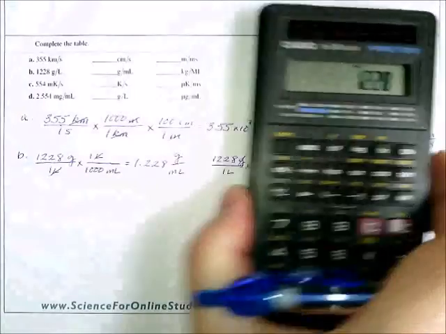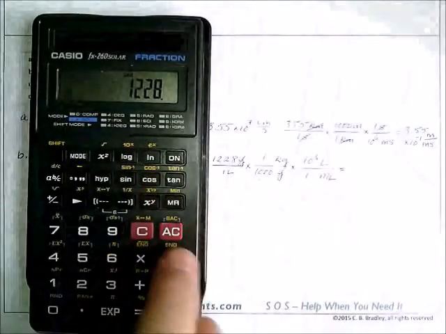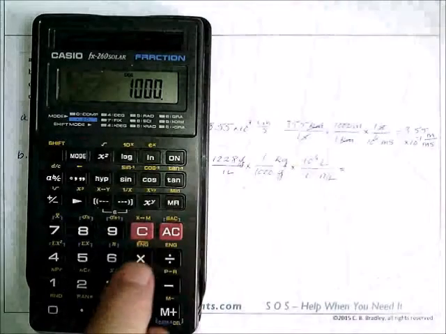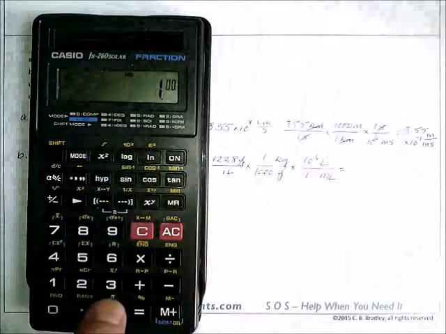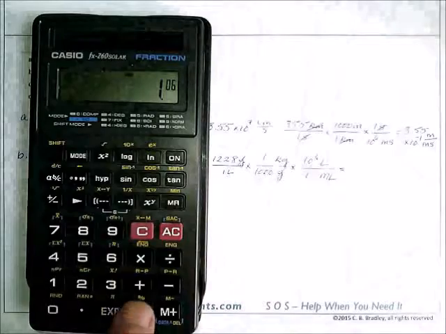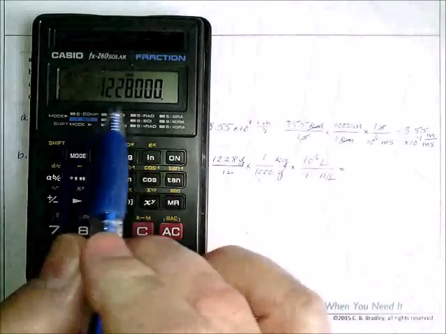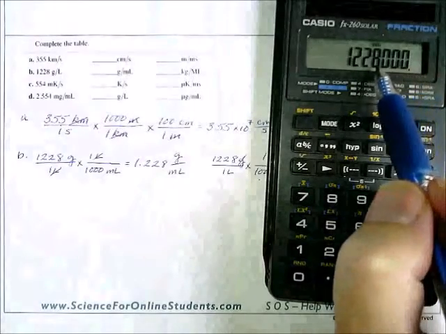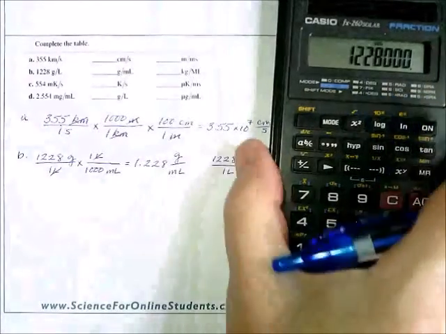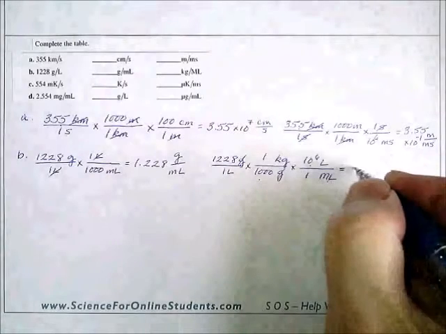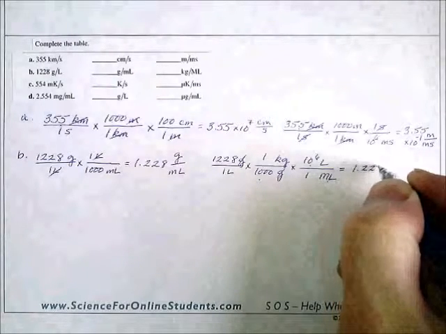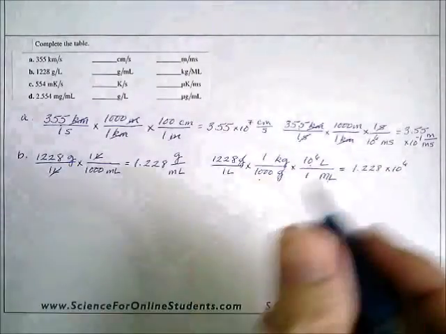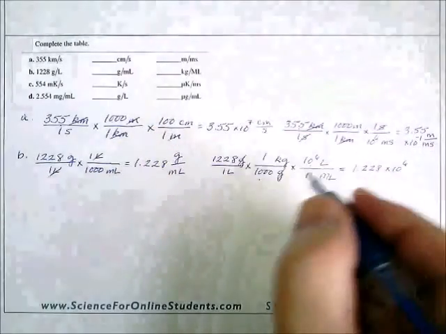1.228 divided by 1,000 multiplied by 1 times 10 to the 6th equals 1.228 and some zeros. So 1, 2, 3, 4, 5, 6. 1.228 times 10 to the 6th kilograms per megaliter.